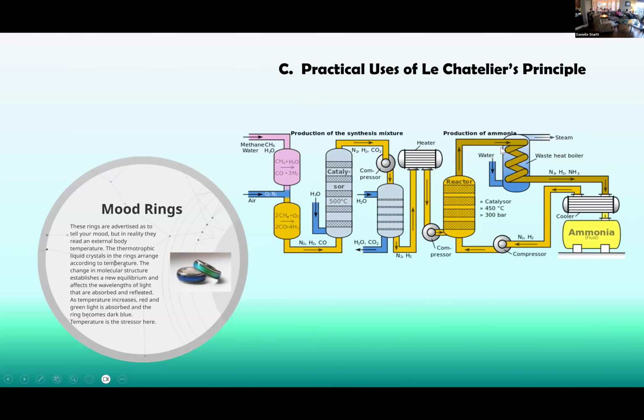How about the production of ammonia? We use Le Chatelier's principle when we go through this entire maze to produce ammonia. What do we use ammonia for? Cleaning. Cleaning, yeah. If you've ever used ammonia, it's pretty noxious.